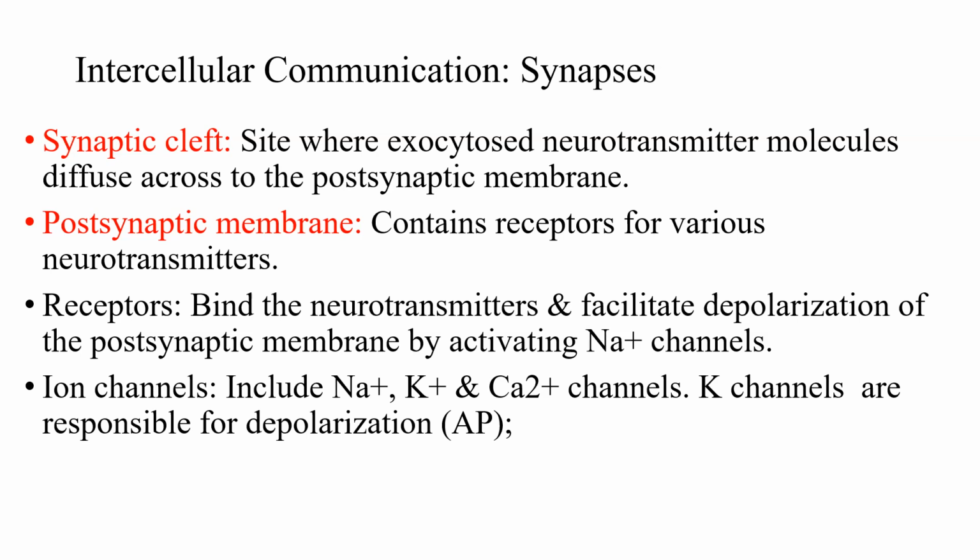Like acetylcholine is a very common neurotransmitter. Another common neurotransmitter is sympathetic. Which chemicals are called sympathetic? Epinephrine and norepinephrine. Epinephrine and norepinephrine have receptors that are excitatory or inhibitory.